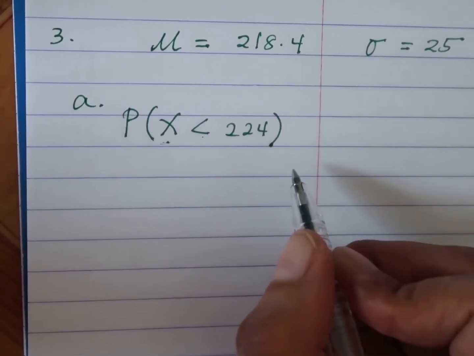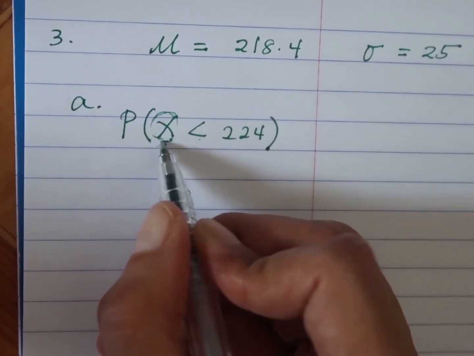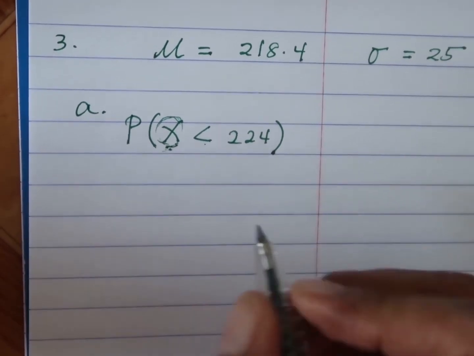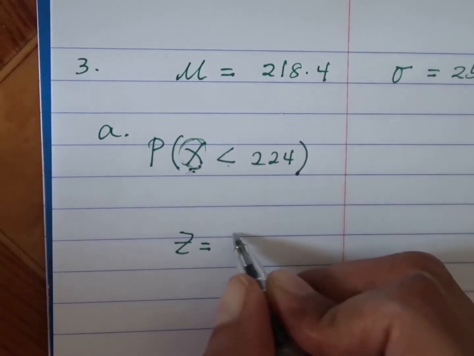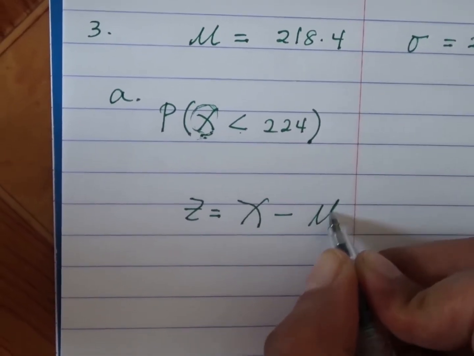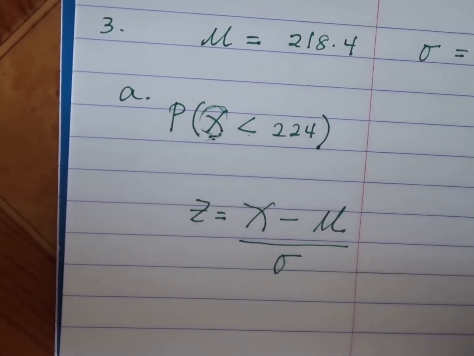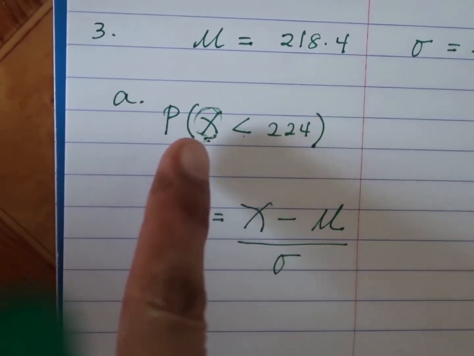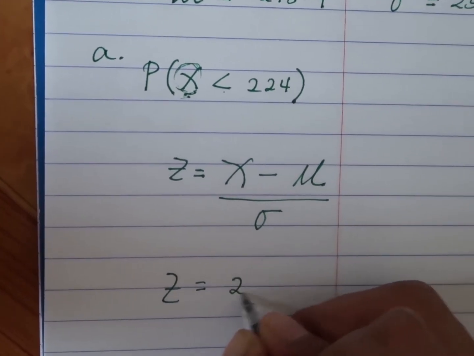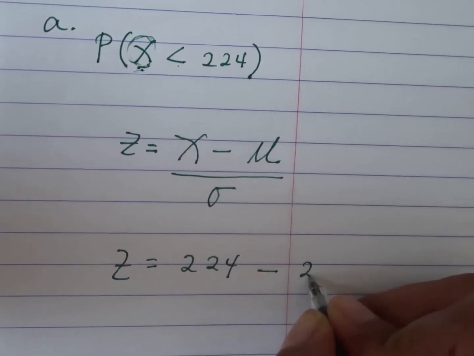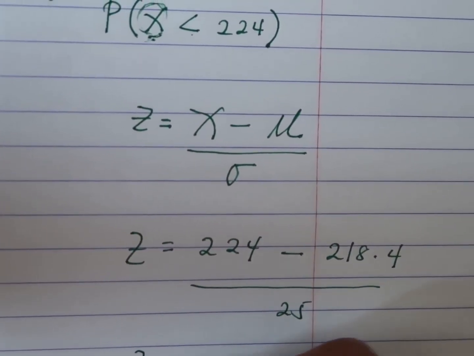Since the given is not a sample mean, how do we solve for the z value? You need to apply the first formula for the z value, which is x minus the mean, divided by the standard deviation. So z is equal to 224 minus 218.4 over 25.